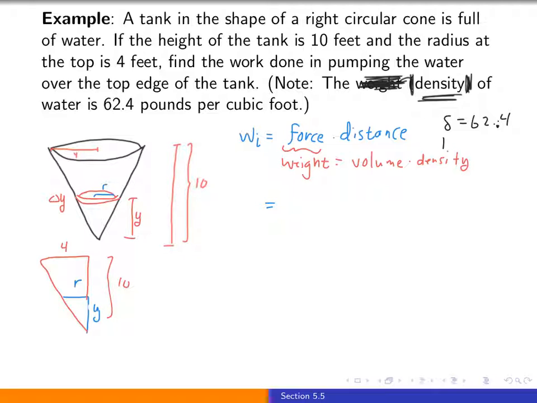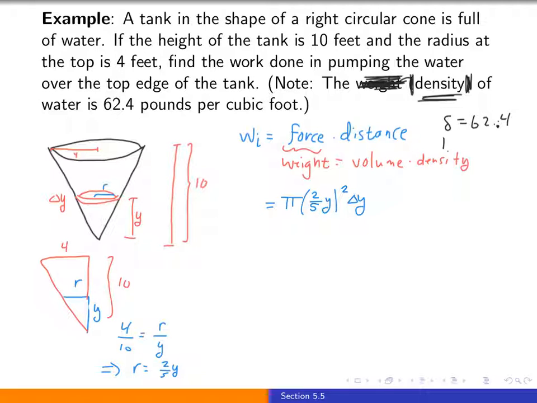So similar triangles tells us that 4 over 10 is equal to r over y, which tells us that the radius is 2/5 y. So the volume of that little slice is the area of the top, a circle, times its width, delta y. So its volume is going to be pi times (2/5 y) squared delta y.